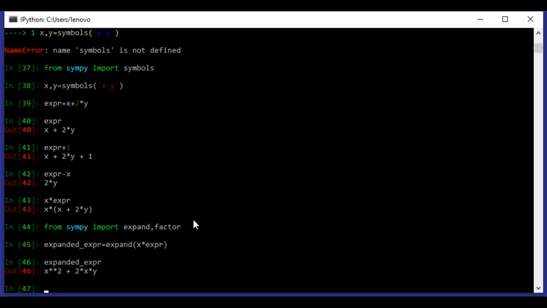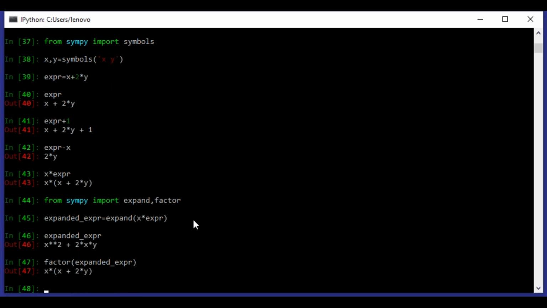Then once again we can make it a factor of this function. We have already imported the function factor from SymPy, so factor of expanded expr. That returns it to the factored form x into x plus 2y.